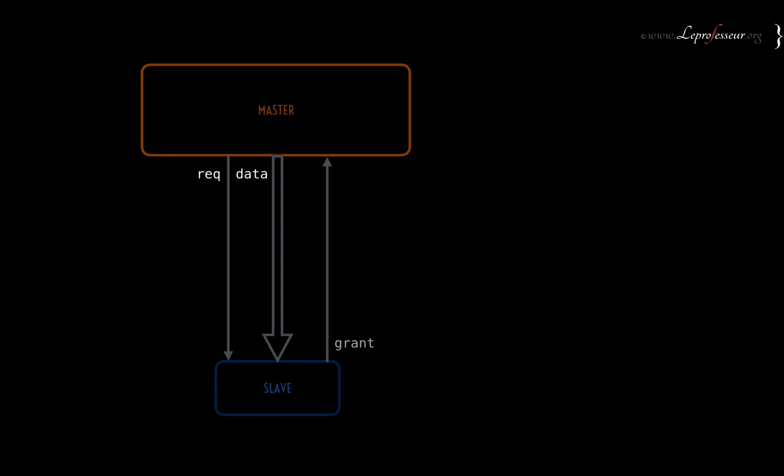We have a master and we have a slave. Master sends a request along with the data to slave, and slave responds with a grant. Now this is a very simple request, data and grant protocol.